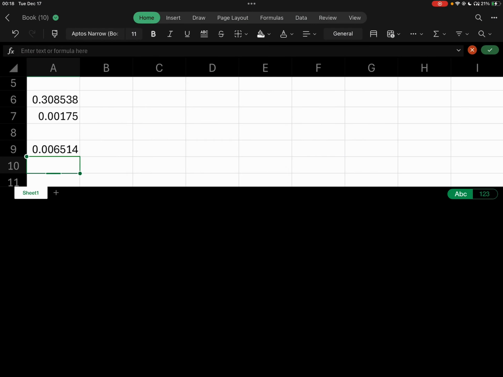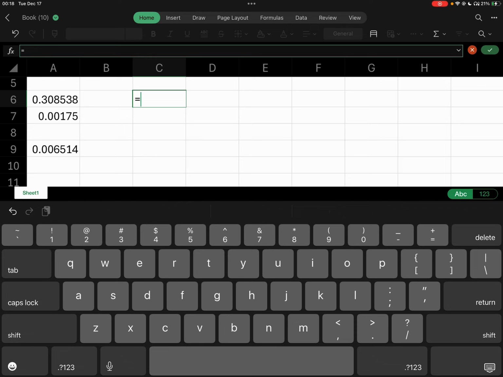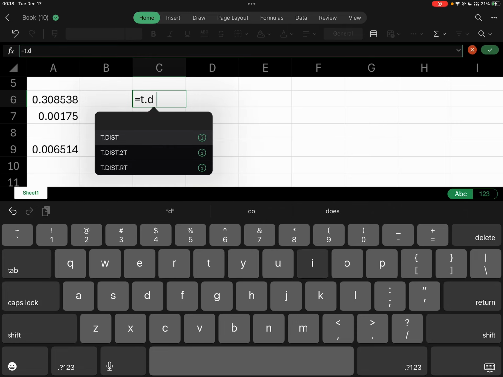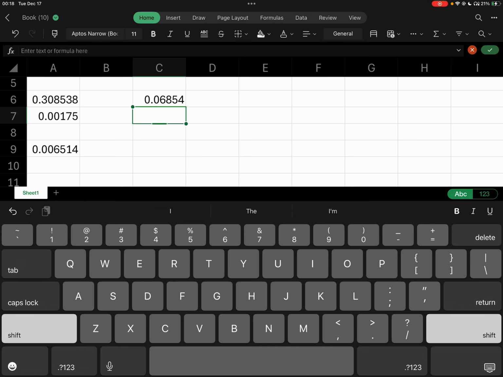There it is. All right. So t.dist.rt 1.518 comma 39. That's all we need. And I hit enter and I get 0.0685.